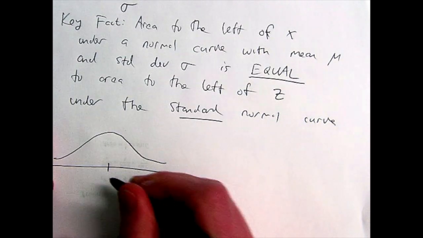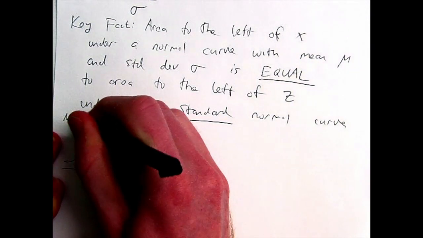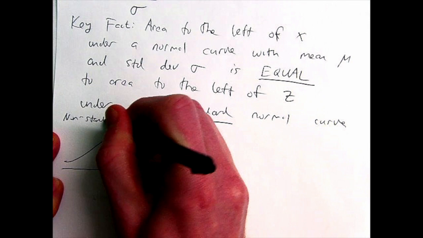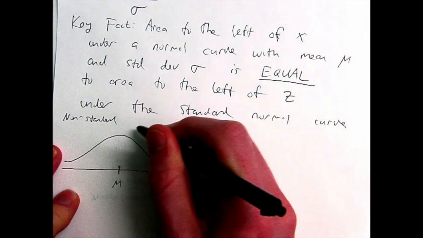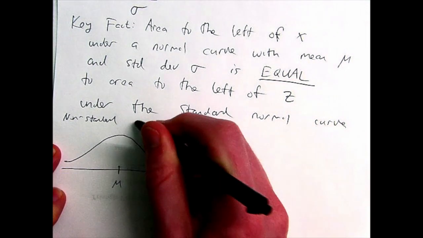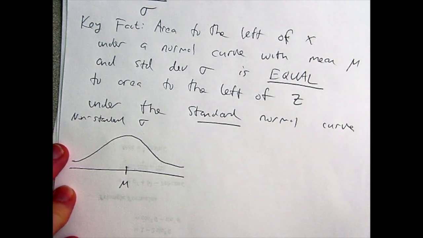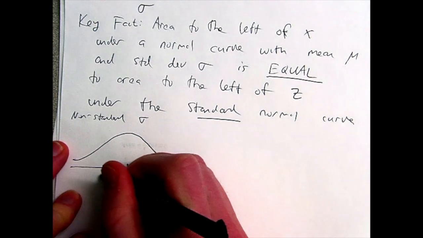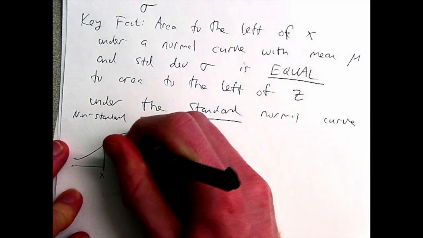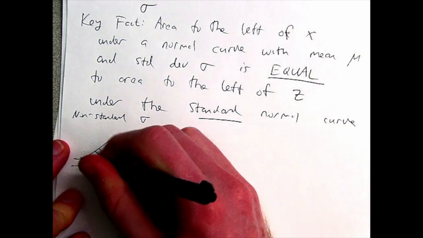The basic idea is the following. Suppose you have some non-standard normal distribution with a mean mu. Okay, so this is non-standard. You have a mean mu, and the standard deviation is sigma, whatever sigma might be. And suppose you want to know what's the area to the left of this value x right here.